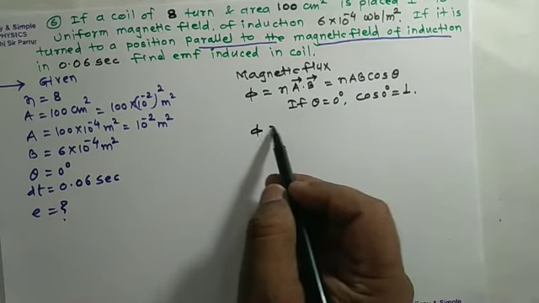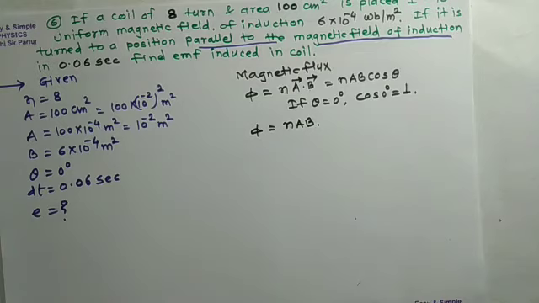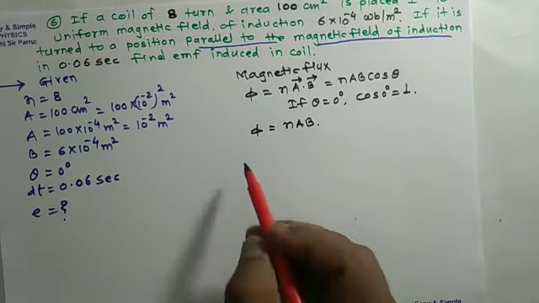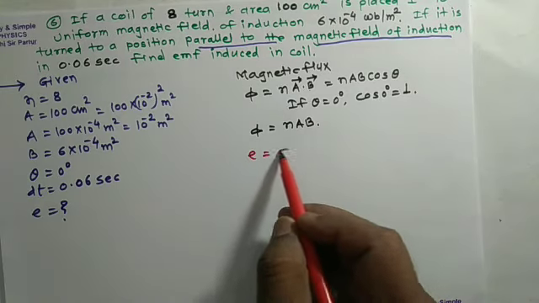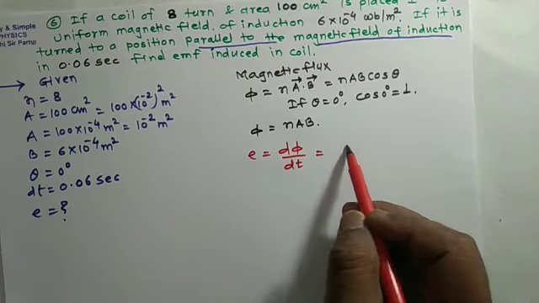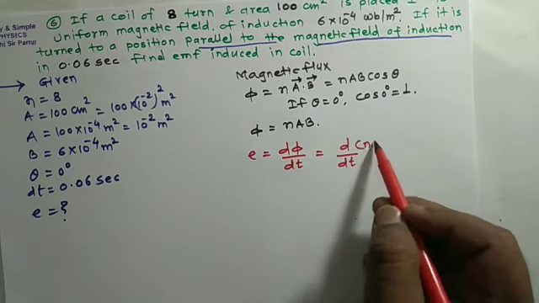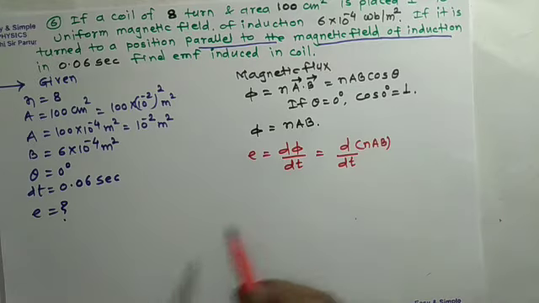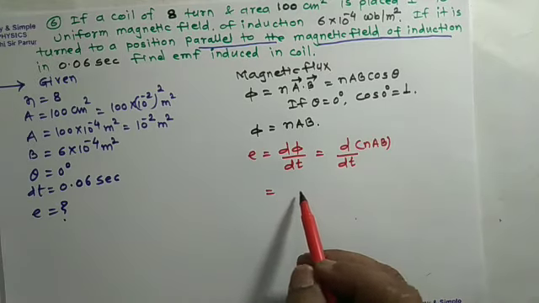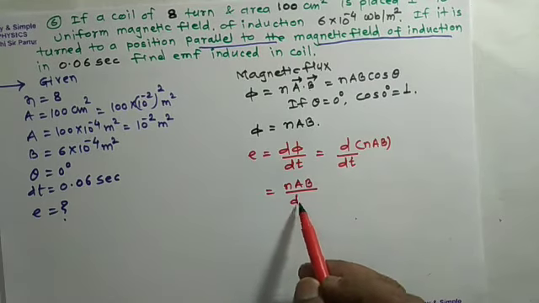So phi is equal to NAB. We can find out the magnitude of EMF. So the magnitude of EMF will be E equals d phi upon dt. So we can write d upon dt of NAB. So here we can also write NAB upon dt.